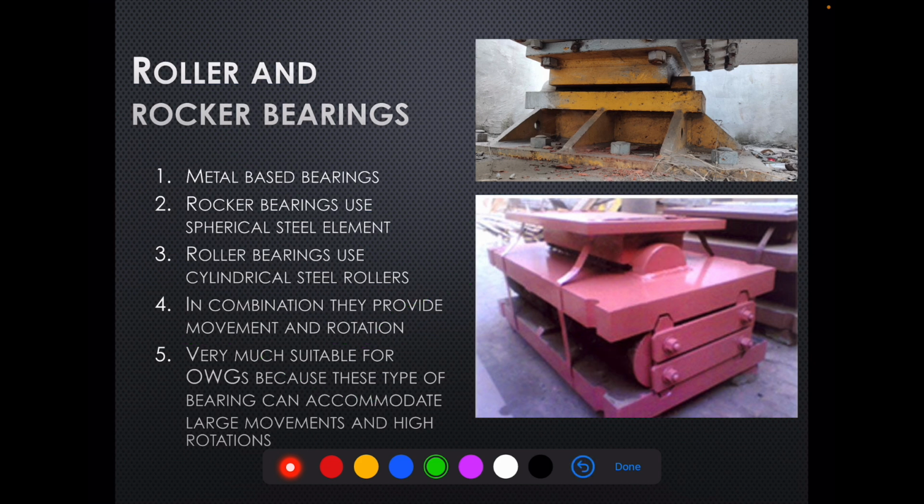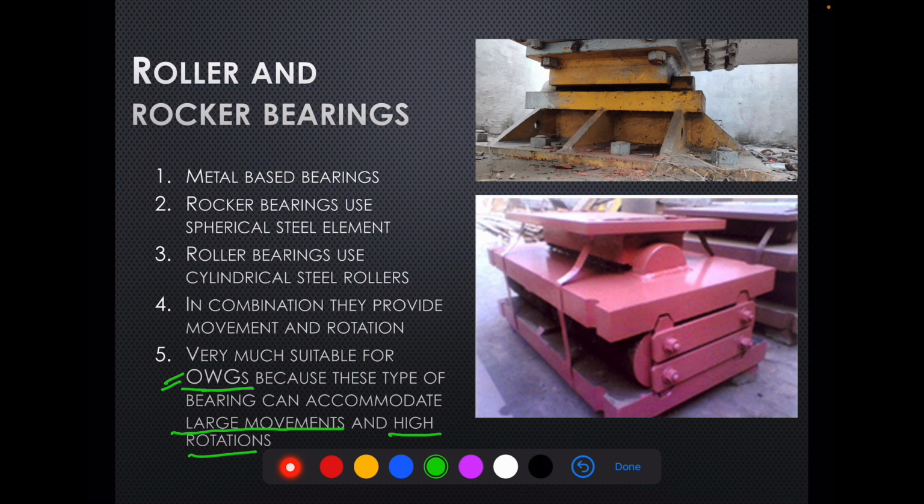In what conditions, in what cases of open web girders are these suitable? These are suitable for those open web girders where there are large movements and high rotations. Mostly open web girders are subjected to large movements and high rotations, so these roller and rocker type bearings are suitable in most cases of open web girders.